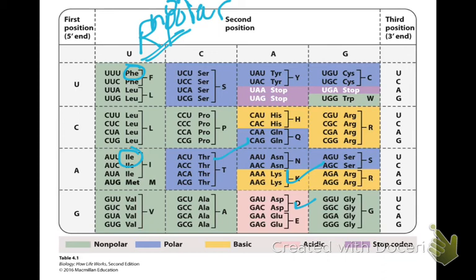So those characteristics have to be appropriate. They have to give the same kind of chemical properties, so that the three-dimensional structure of the protein is what it's supposed to be.